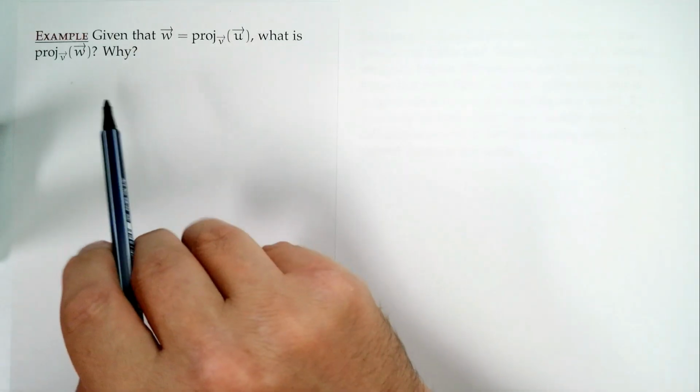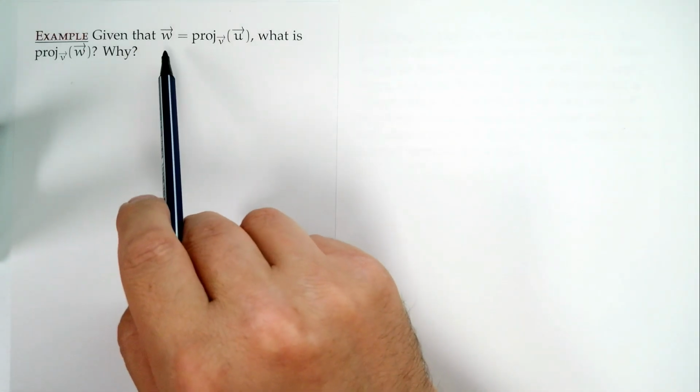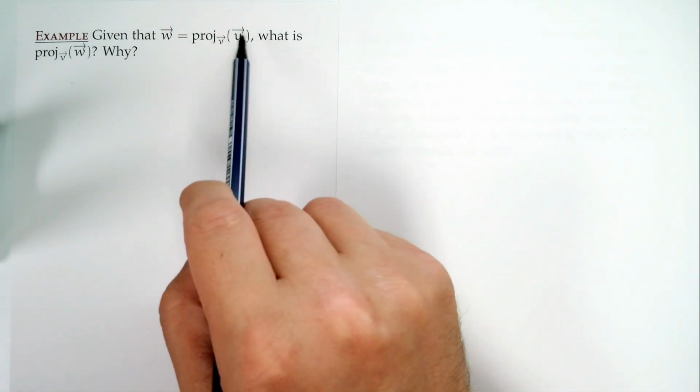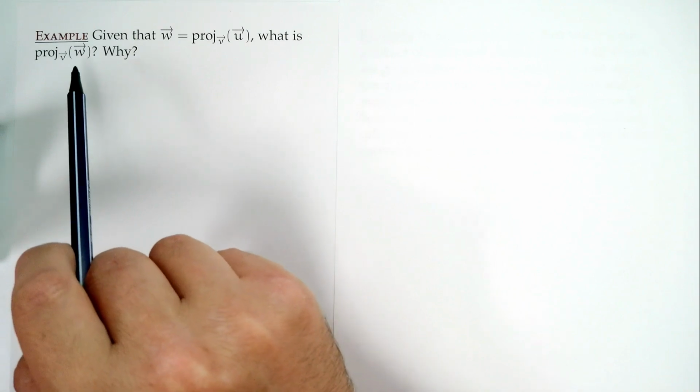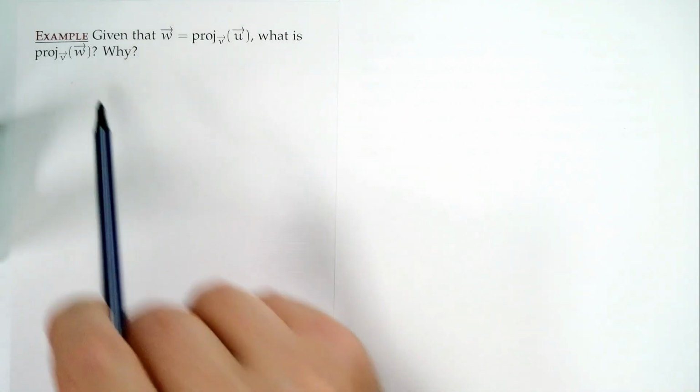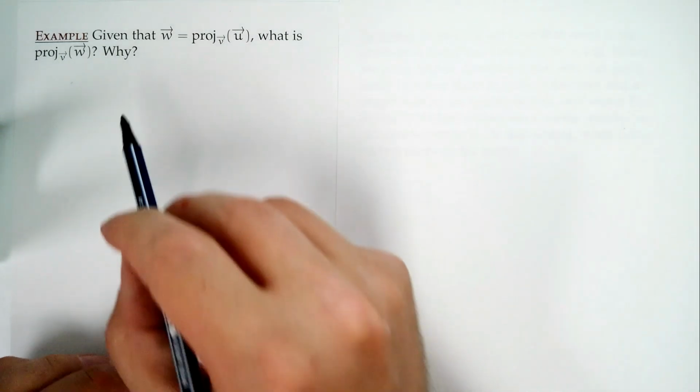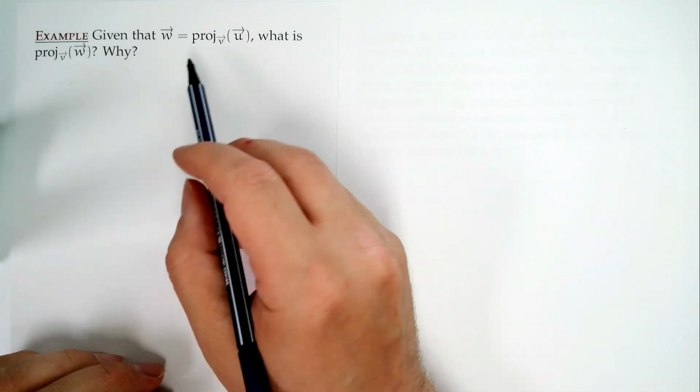So next example. Suppose that we're given that W is the projection of U onto V. Then what is the projection of W onto V? And why? Well, let's think about the picture here. We have a couple of vectors.